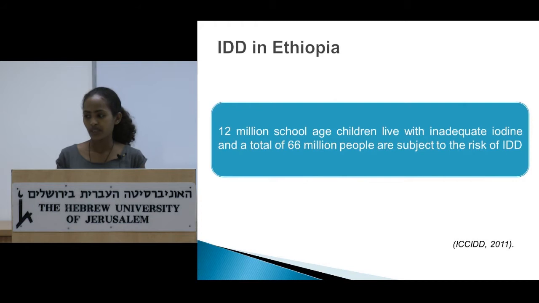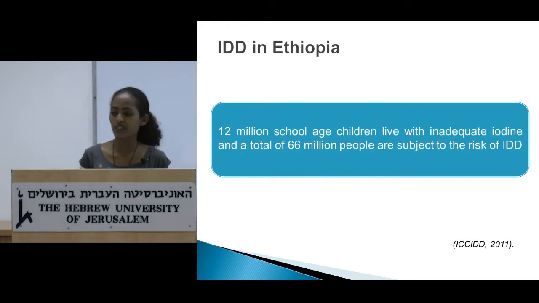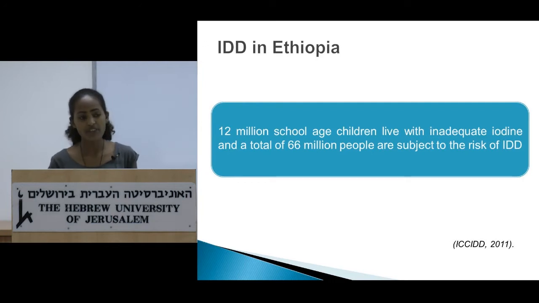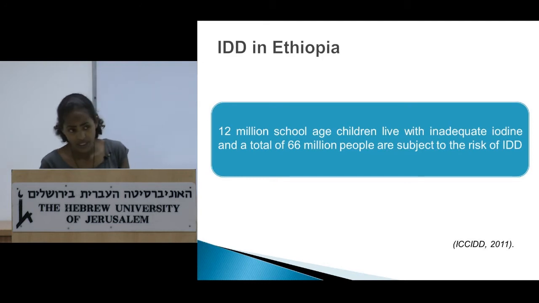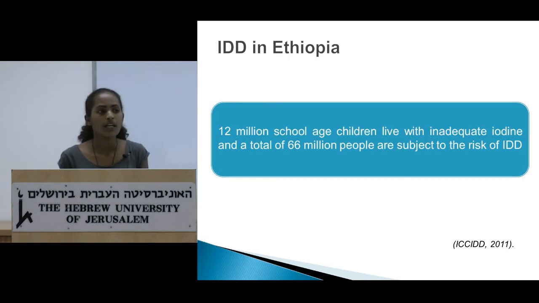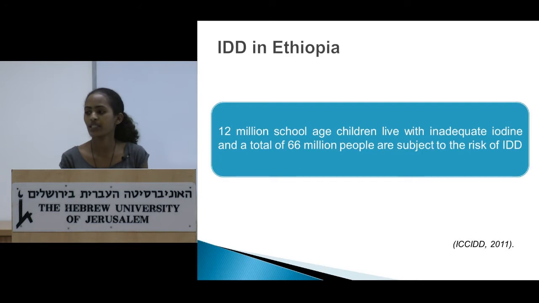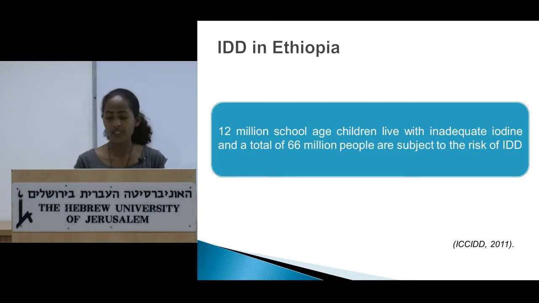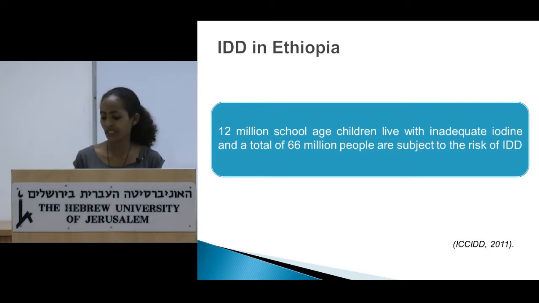Previously, several reports showed different statistics about iodine deficiency disorders in Ethiopia, but according to a recent report from the International Council for Control of Iodine Deficiency in 2011, about 12 million school-age children are living with inadequate iodine, and 66 million people are at risk of iodine deficiency disorder in the country.